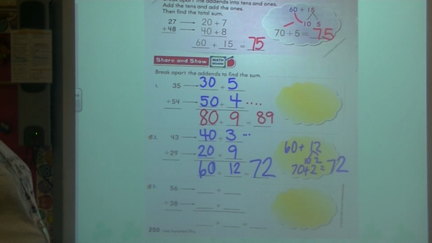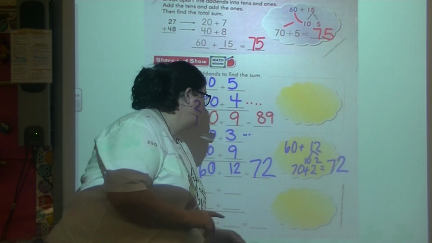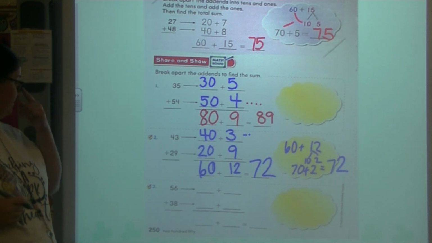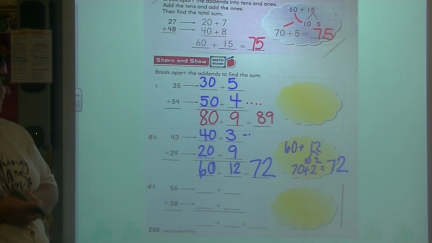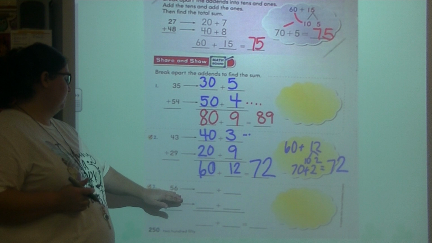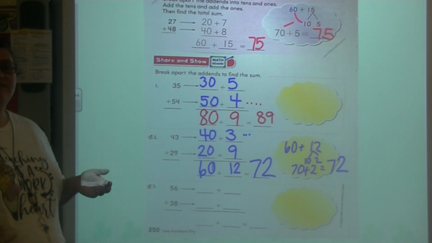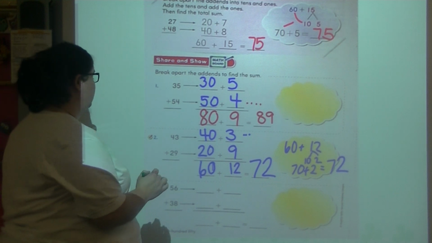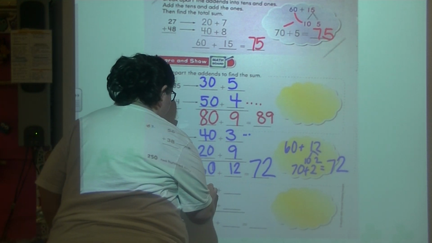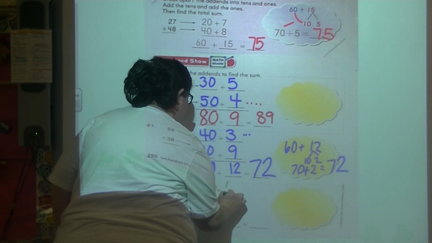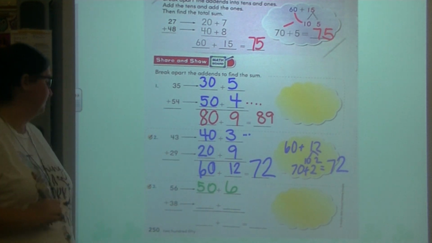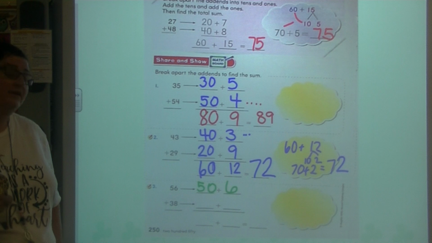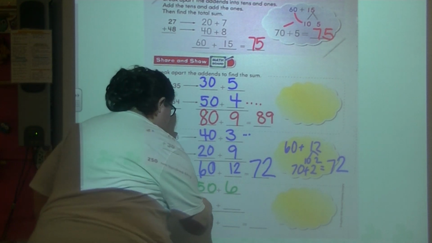All right, the next one. 56 plus 38. How would we divide 56 into tens and ones? 50 plus 6. 38 would be 30 plus 8.